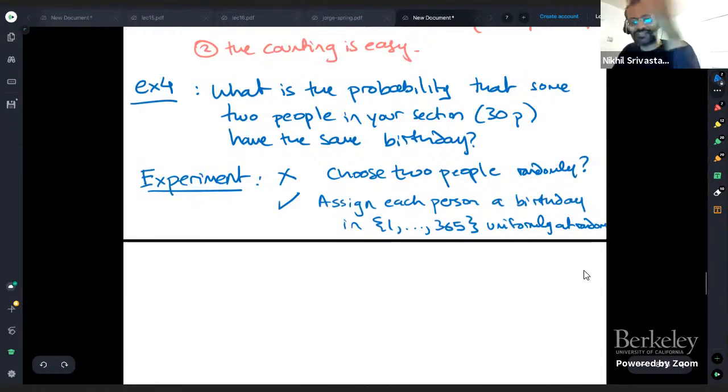So this experiment is actually done before you were all born. Uniformly at random is a phrase that's used a lot. It just means all outcomes are equally likely.